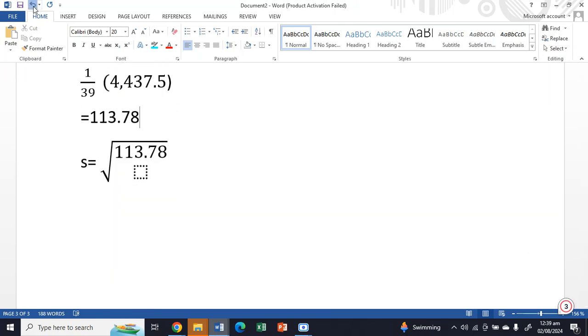Okay. 10.67. So the standard deviation is how far the points are from the mean and each other.